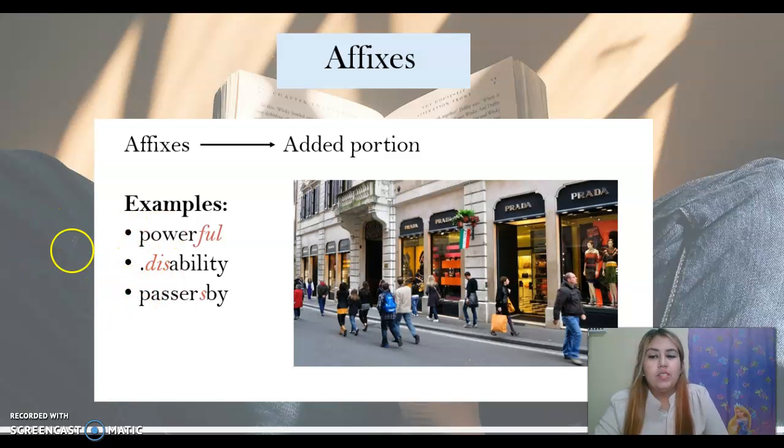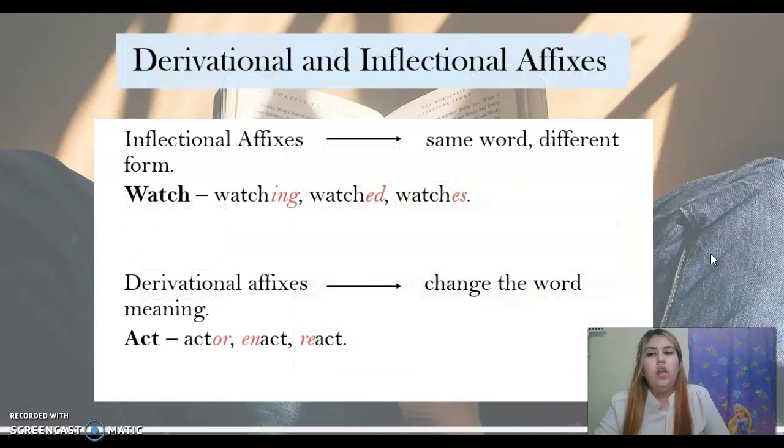And then we have passersby, which goes in the middle, and those are called infixes, but we're going to see that later. But let me tell you that the last one, passersby, is not common to see, but you have to know it because it's part of affixes.